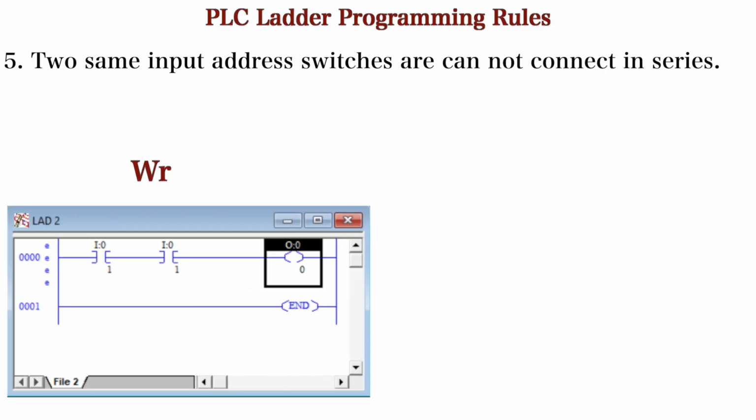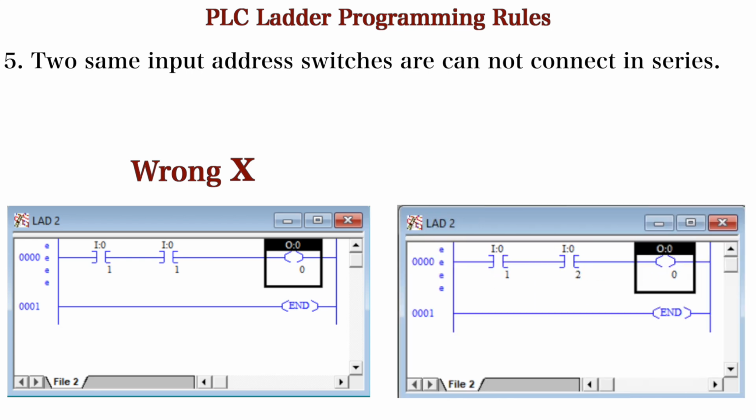Like you can see in the first figure, we have connected two normally open switches in a rung with the input address I0:1, I0:1. We have provided the same address to both the inputs and they are connected in series, which is not valid, it is a wrong way.